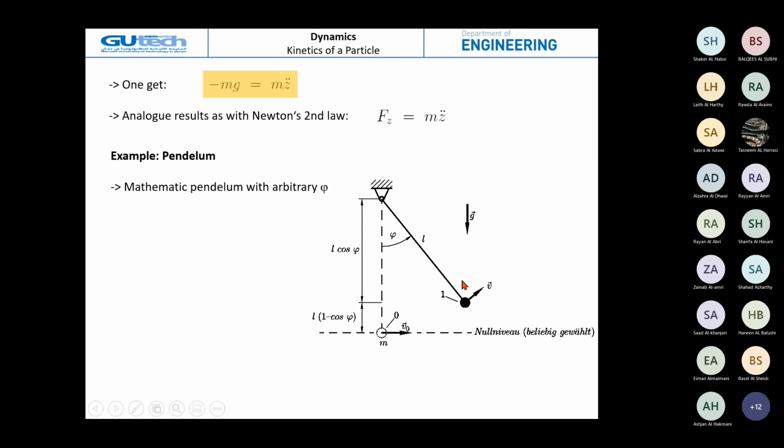The pendulum rod has the length L, and it moves with a certain initial velocity v0. We apply the initial velocity v0, and at time t1 we have the velocity, let's say v, or you can denote it by v1.